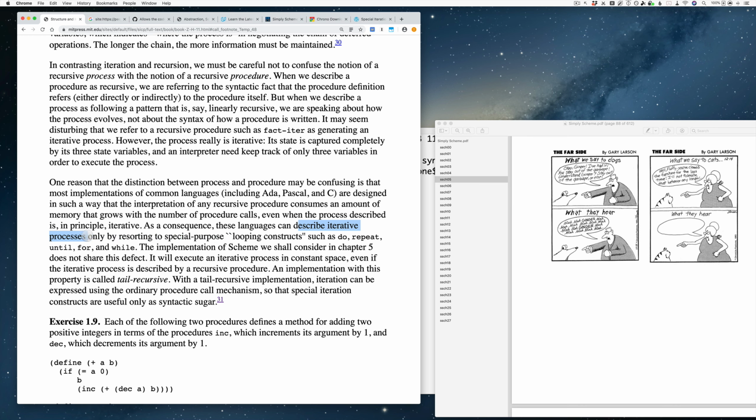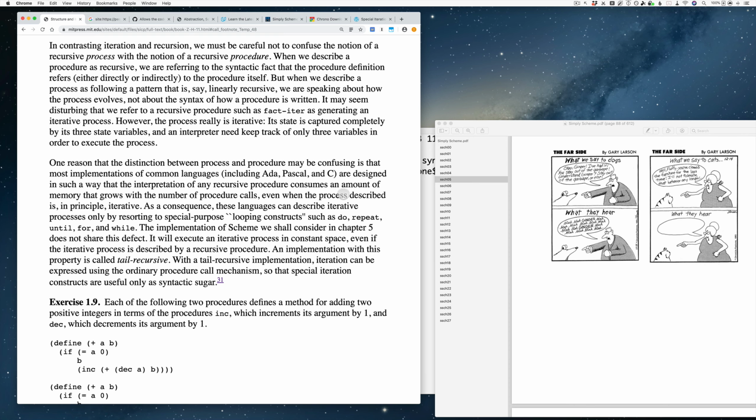Describing iterative processes is something I was getting a little hung up on. I guess it means how you represent it as an iterative process in memory or internally. You could have described what the SICP people call a linear iterative process, which again is different, because there's the process versus procedure distinction.